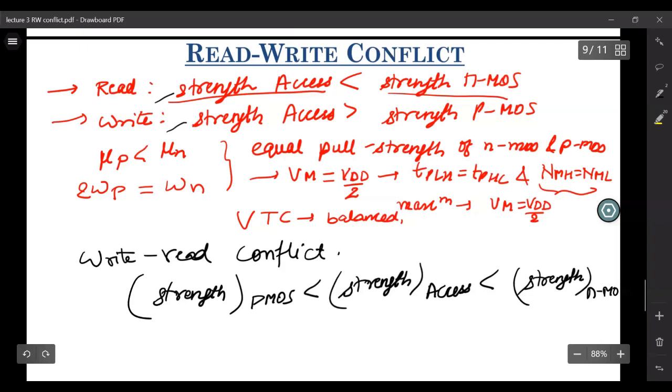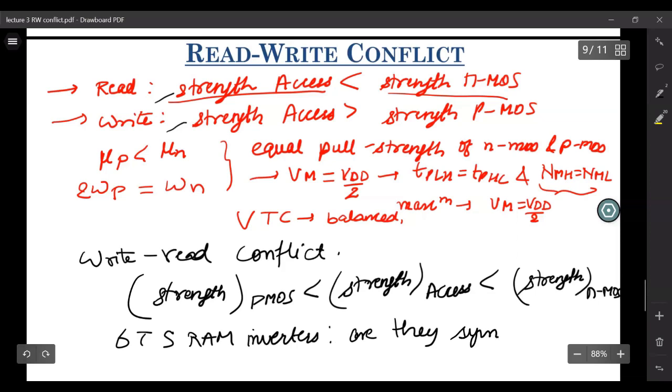So what is your take? Your 6T SRAM inverters, are they symmetric? Are their VTCs balanced?